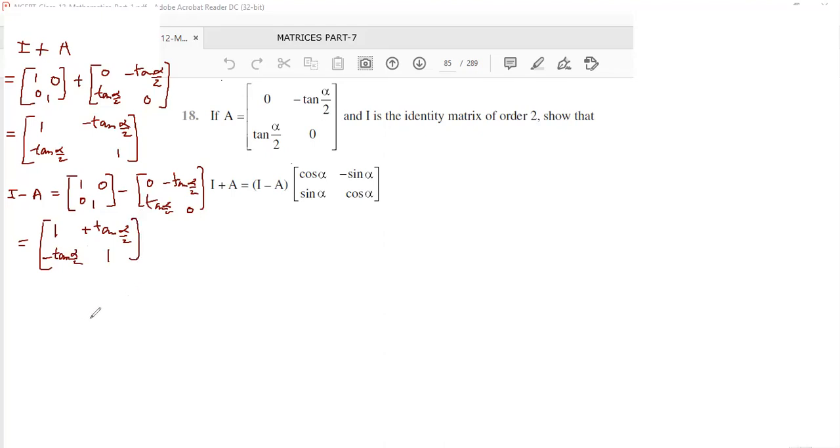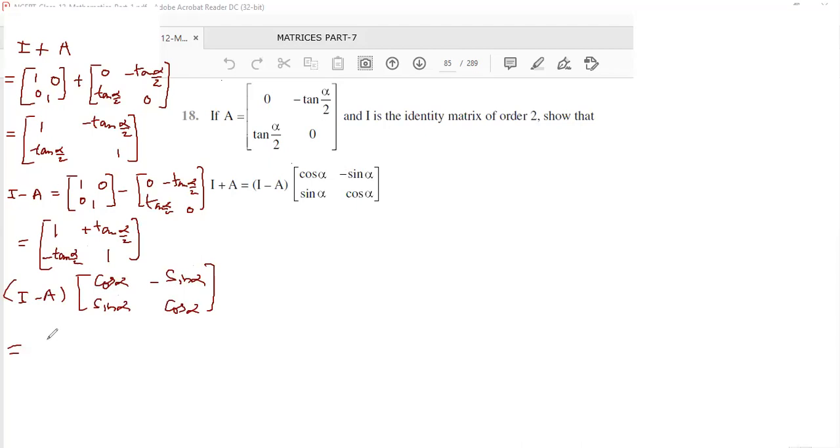This is I - A. It will be multiplied with [cos alpha, -sin alpha; sin alpha, cos alpha].